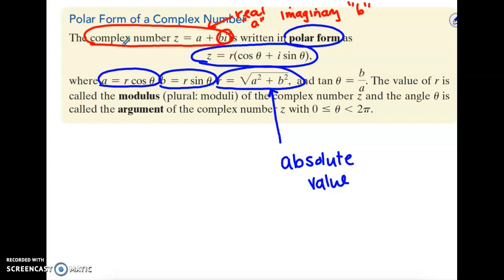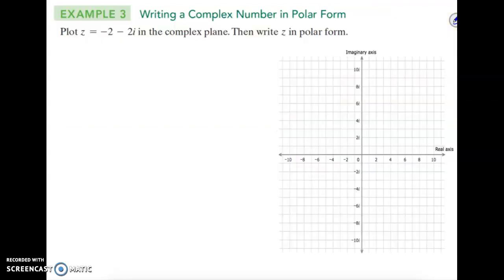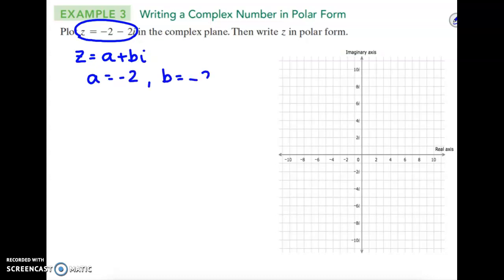It'll probably make more sense once we get to this next example, how we create it into polar form. So here's our example. Write a complex number in polar form. Here is our complex number, and we're going to graph it out first. Remember, a complex number is Z equals A plus BI, where our A value is -2 and our B value is -2.